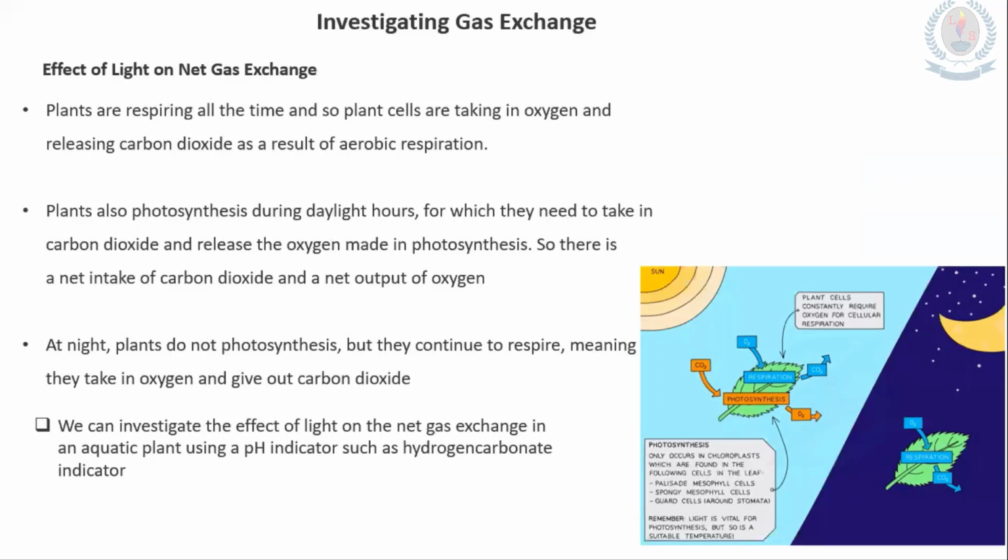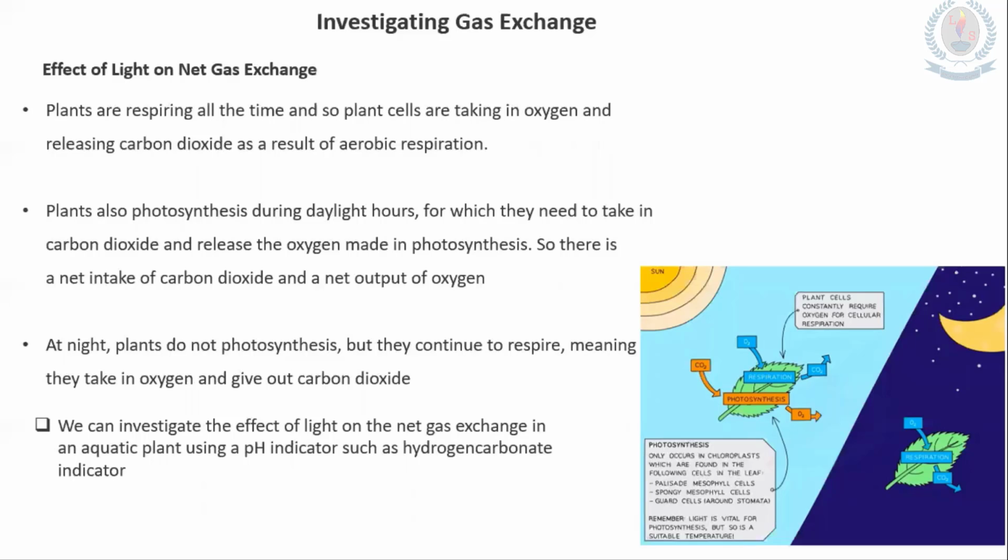At the same time, during the daytime, plants can perform photosynthesis, so they are absorbing carbon dioxide and releasing oxygen to the outside environment. So there is a net intake of carbon dioxide and a net output of oxygen during the daytime.